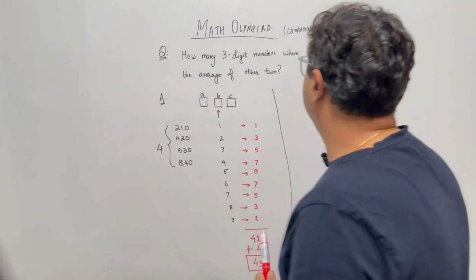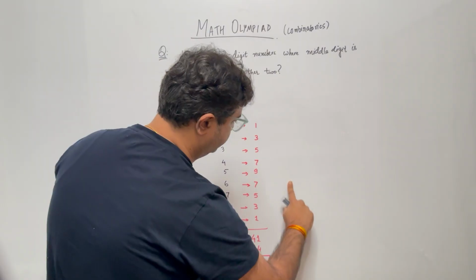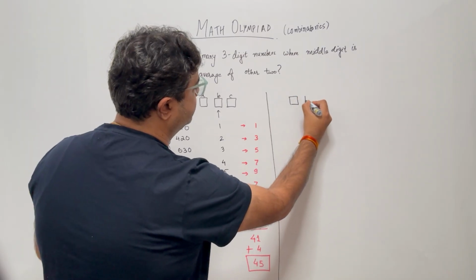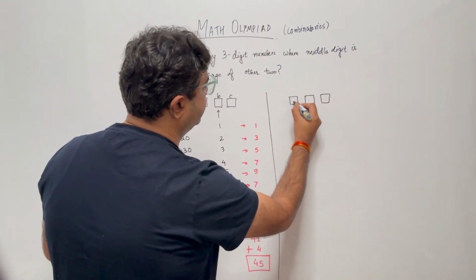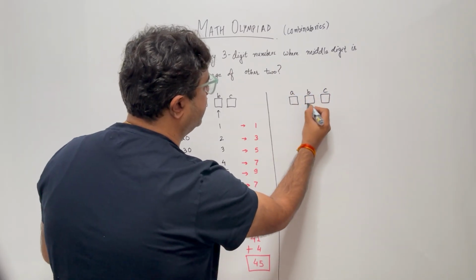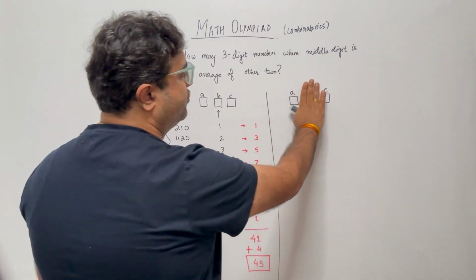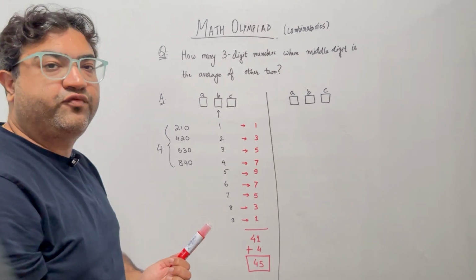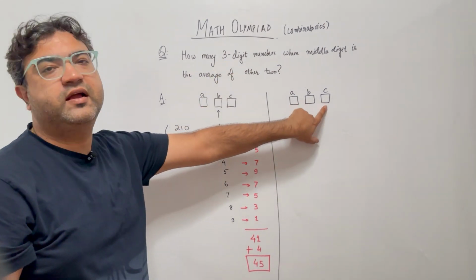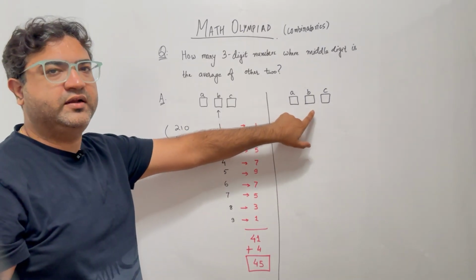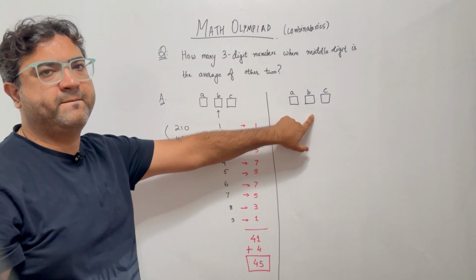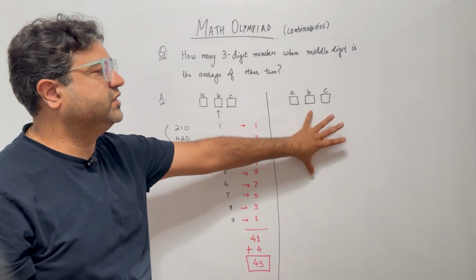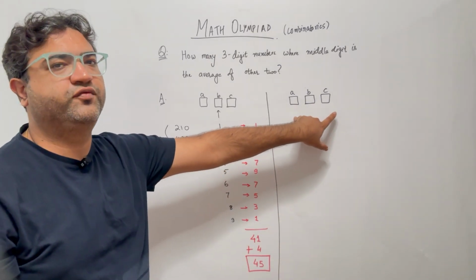So here again, we take A, B, C. This is A, this is B, this is C. Now we can ignore B and focus on finding the pairs of A and C. We have to find combinations of A and C which will average out to give us B. And you know that B has to be between 1 and 9. But we have to find all the combinations of A and C.